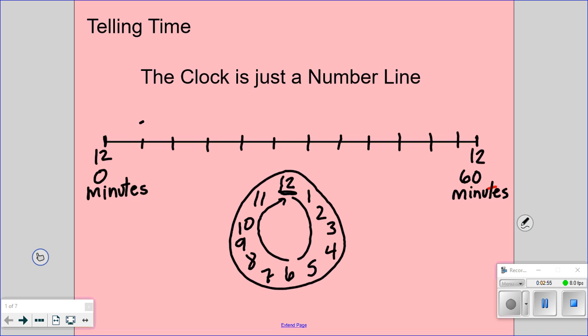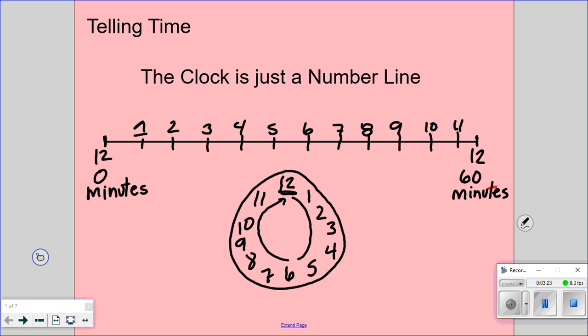These are the large numbers that I see on my number line. Notice I didn't put a tick mark for 12 because my end point is 12 again.